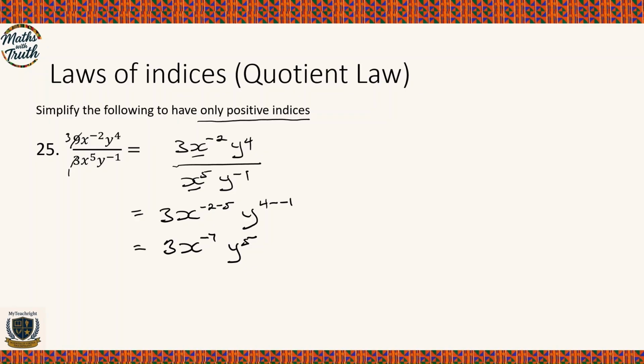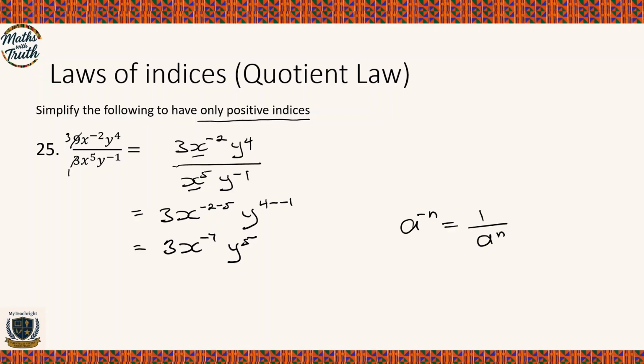Now, we do not want this negative index. So we have to get rid of the negative 7. And that brings us to our knowledge of the negative index rule. That tells us that if you have a exponent negative n, that is equal to 1 over a exponent n.